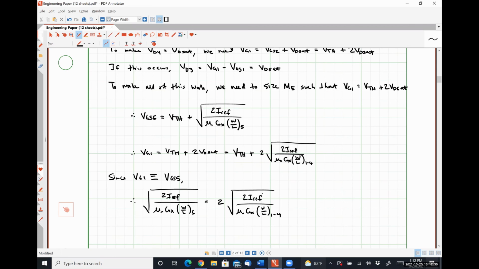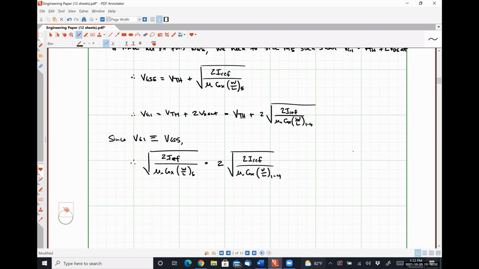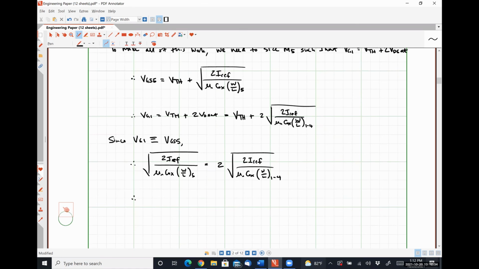Exactly 4 times smaller, right? W over L5 is thus equal to 1/4 of the width over length or aspect ratio of transistors 1 through 4.